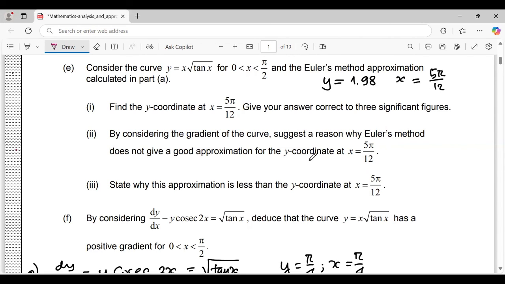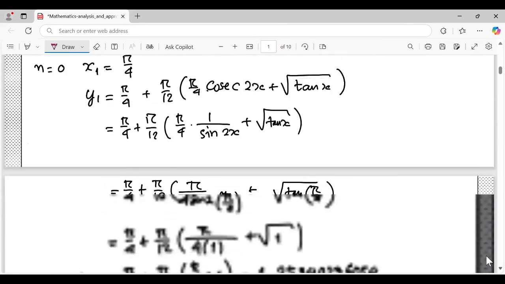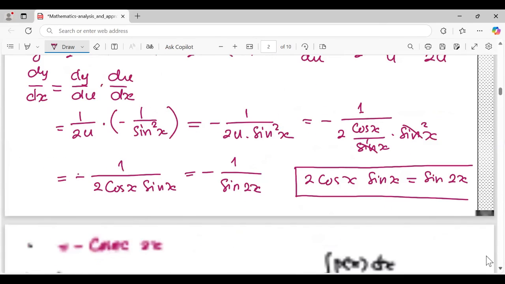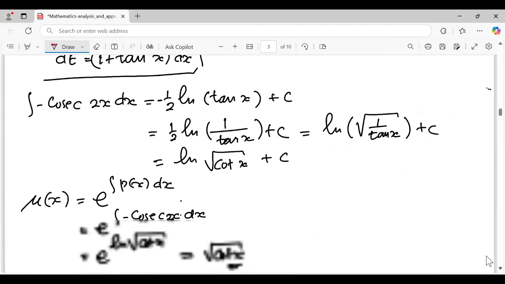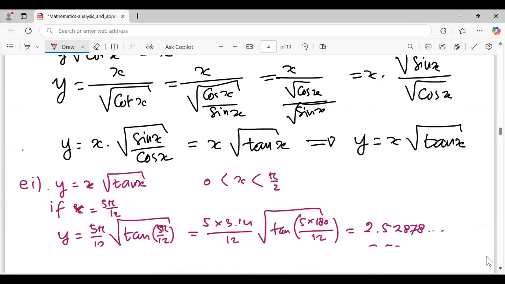You may evaluate the result in A. Now we're going to suggest the reasons why Euler's method does not give a good approximation for the y coordinate at x equals 5 pi over 12 on this graph. I have created the graph, and I will sketch it here.